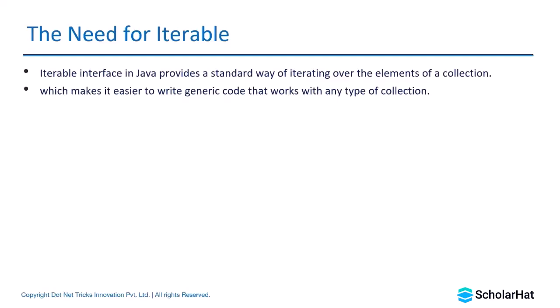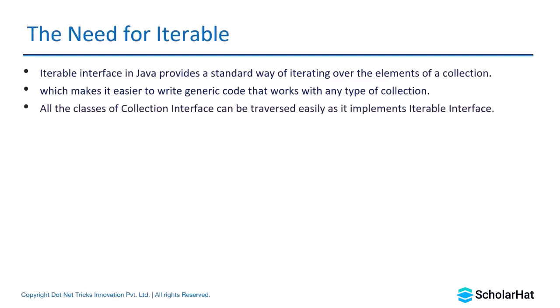I should say that when you are using the iterable interface to iterate the elements, you are actually giving syntactical sugar to the for each loop. Also, all the classes of the collection interface can be traversed easily as they implement the iterable interface.